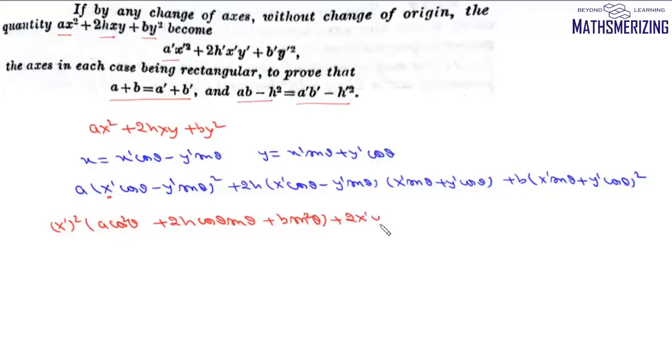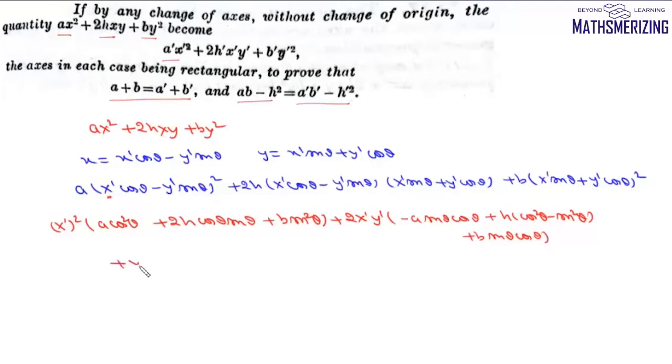Now terms containing x dash y dash will have minus a sin theta cos theta, here it will be plus h (cos square theta minus sin square theta) and plus b sin theta cos theta.